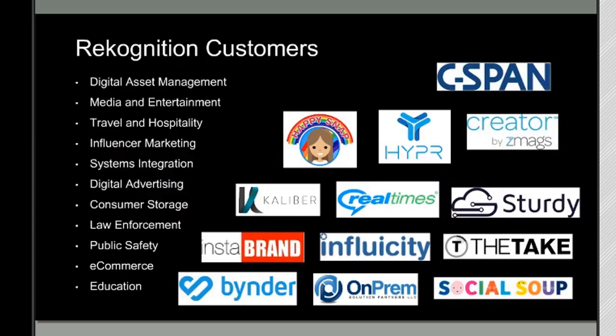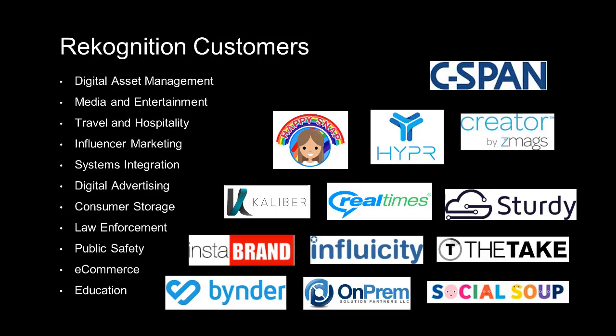We have many customers of Rekognition. We've had a very strong adoption. You can see some of them there that have publicly endorsed the product, and you can see different industries represented. Influencer marketing is a particularly interesting one, where building profiles of users by understanding when they're posting their social media pictures, what's going on there, what are the objects, scenes that are part of their social media profile, really helps those companies match brands to those influencers, and therefore be able to give their customers, the brands, a better experience by matching them to appropriate influencers.